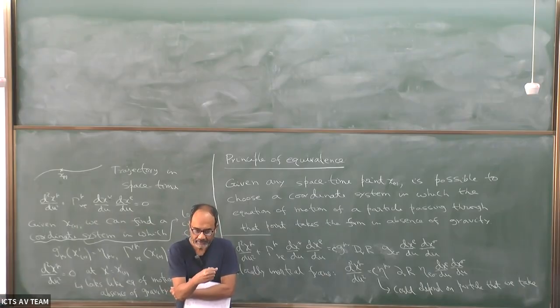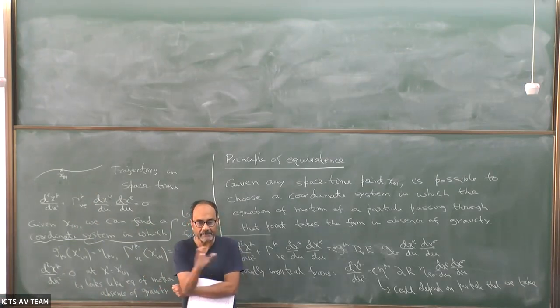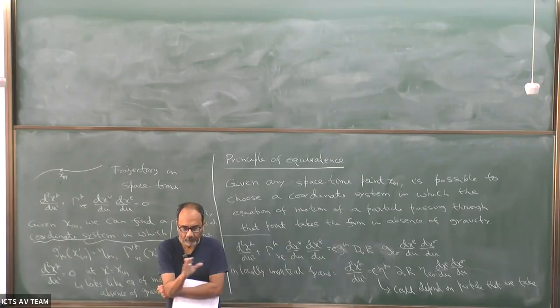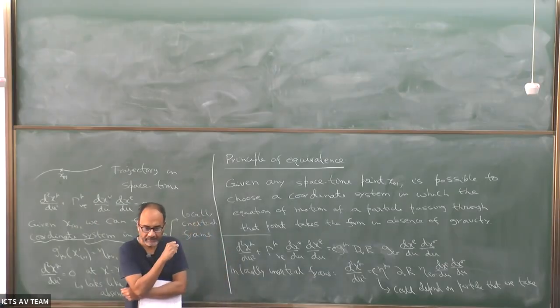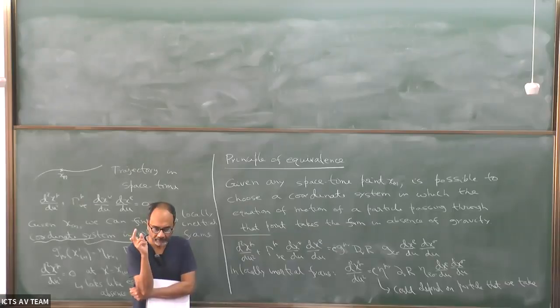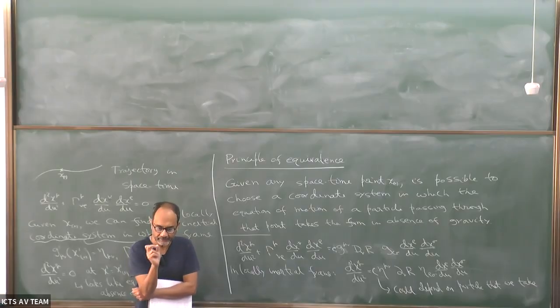The other is that given the potential, how does another particle move in that? So what we are doing here is to answer the second part of the question: given a potential, or in this case the metric, how does a particle move in that background? And there, the principle of equivalence tells us that a particle moves along a geodesic.